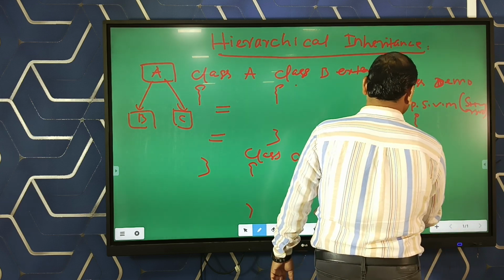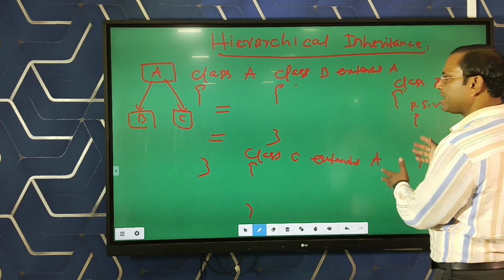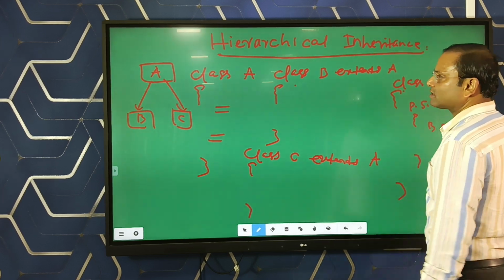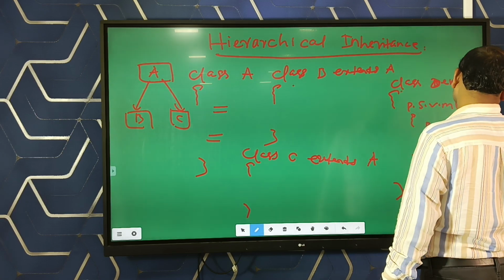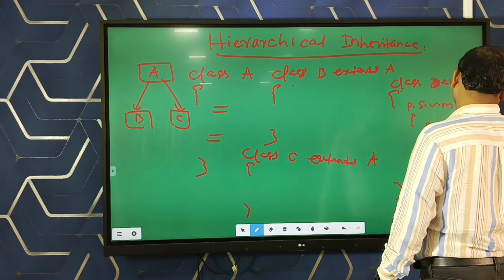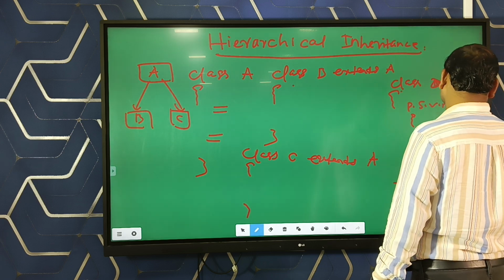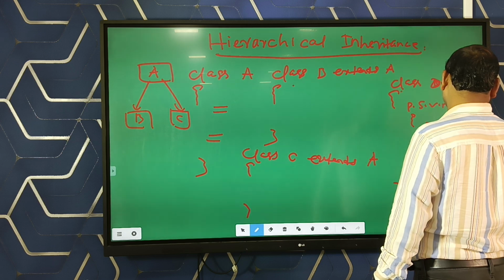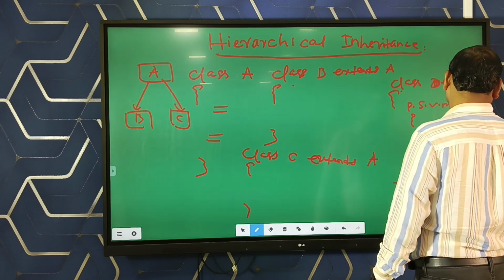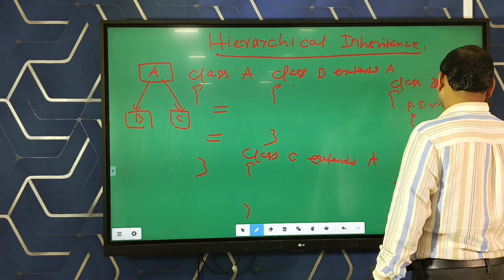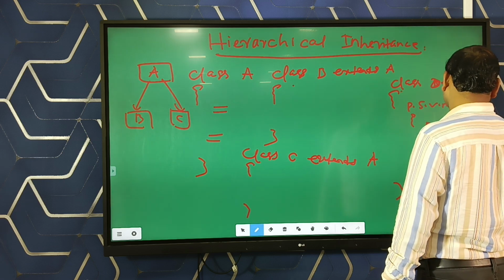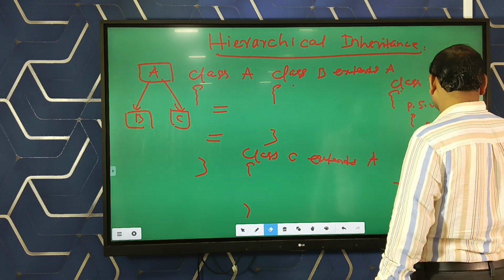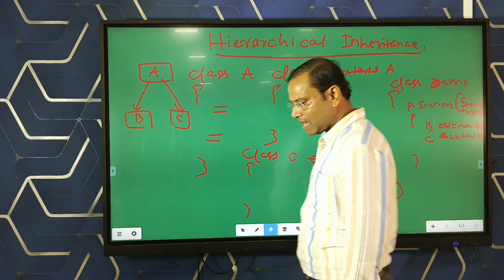Then we have to create two objects here. Through the B object, we can call the methods of A as well as B. Through the C object, we can call the methods of C as well as A.